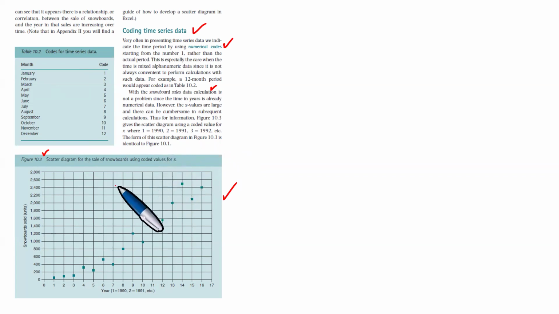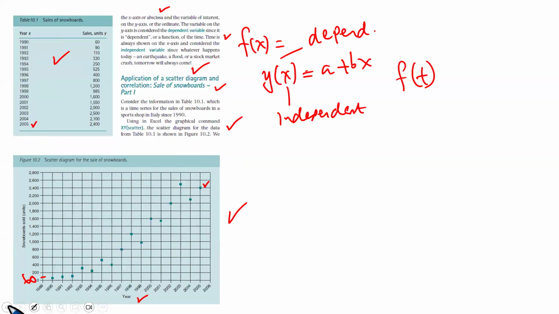Right, so obviously we can see that now, this is very important. The form of the scatter diagram in 10.3 is identical to 10.1. We have been able to see the scatter diagram in 10.2, subject to the data in 10.1. You really can see how the dots and the points have been marked here, and the pattern these points trace.